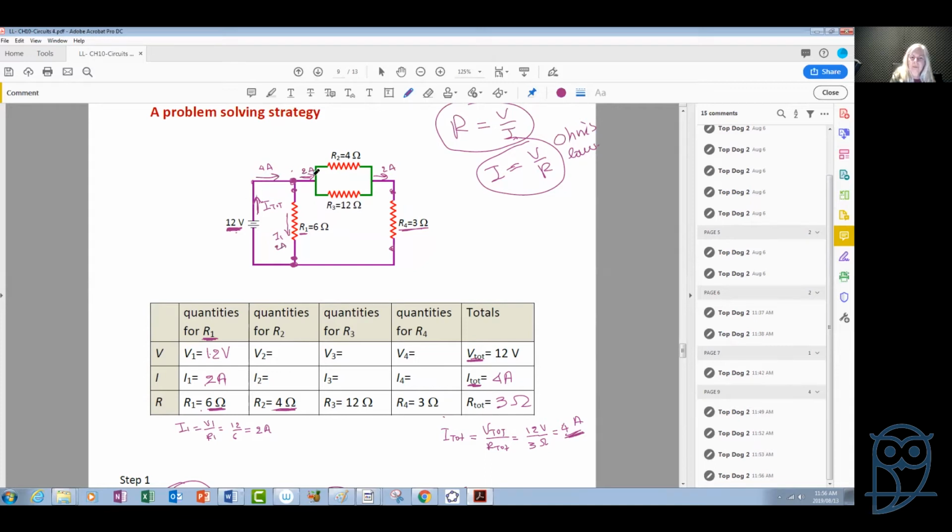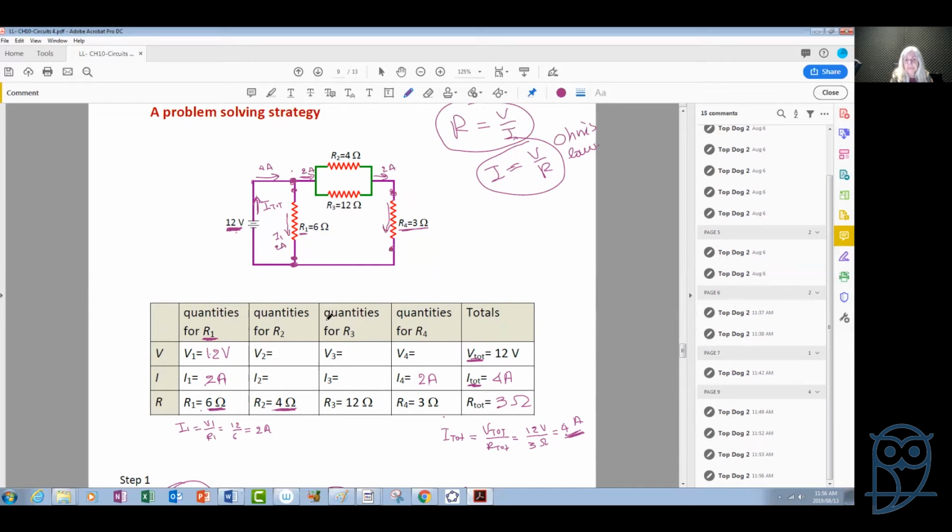So look at this now. We have 2 amperes, 2 amperes. That means the current in resistor R4 is also 2 amperes. Now that we know 2 out of 3, we can find the potential difference across resistor 4.